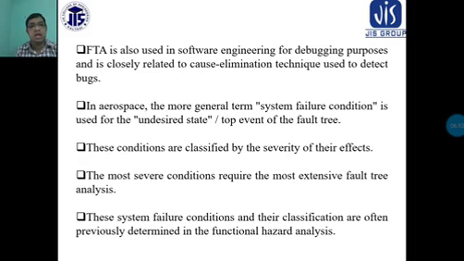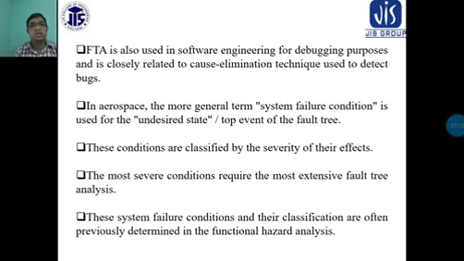And another thing: in aerospace, the more general term system failure condition is used for the undesired states. The top event of the fault tree is required. That is like the aerospace industry, like aeroplanes.